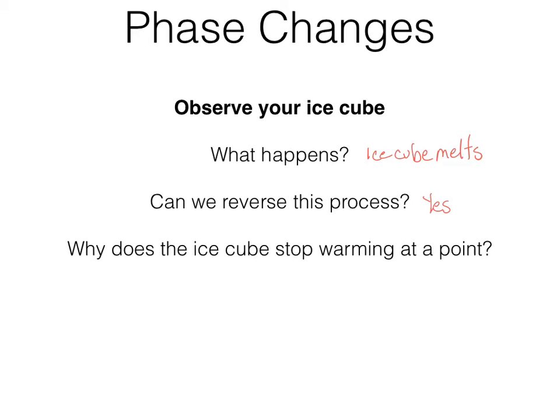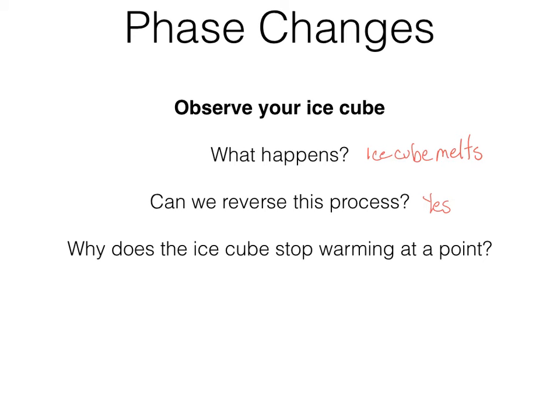Now, eventually, that ice cube is going to stop warming up. Eventually, the temperature of that water is going to match the temperature of the room, and it's not going to warm anymore. You're going to reach thermal equilibrium.